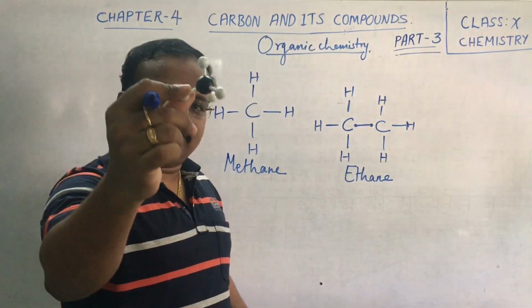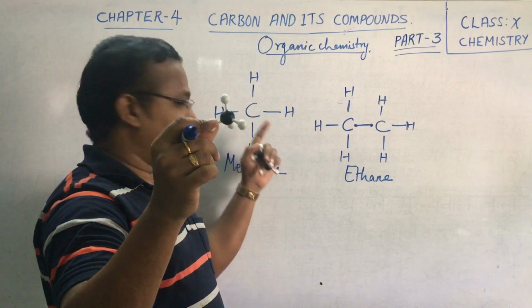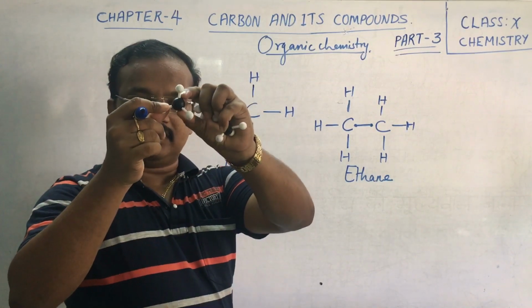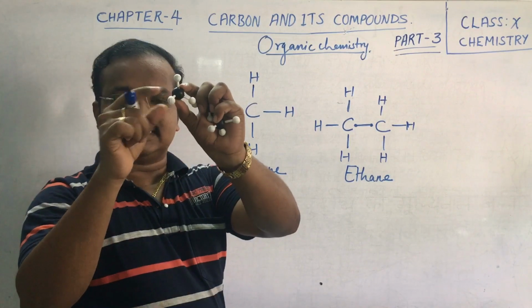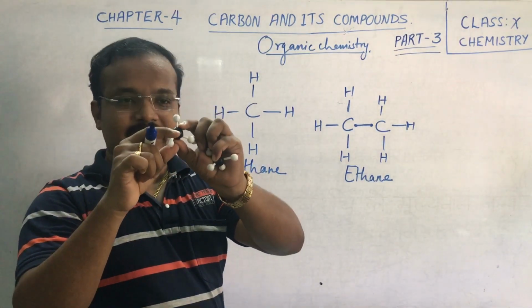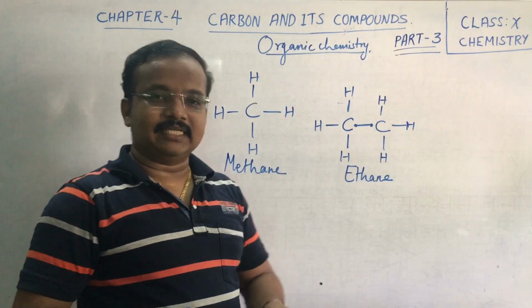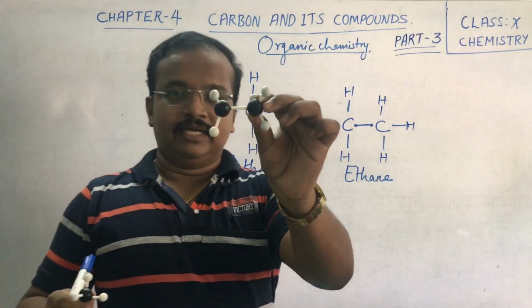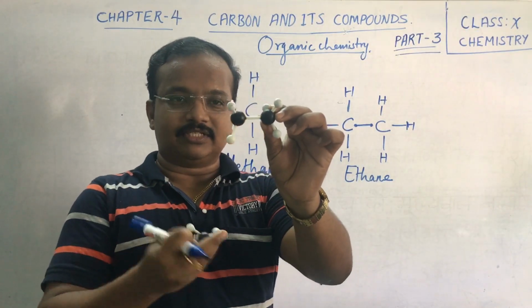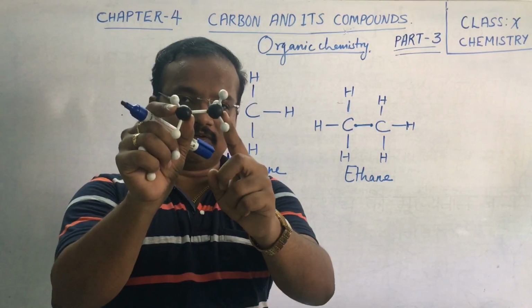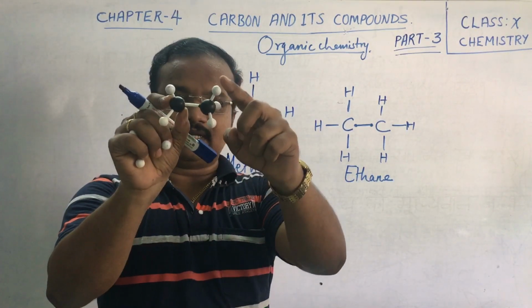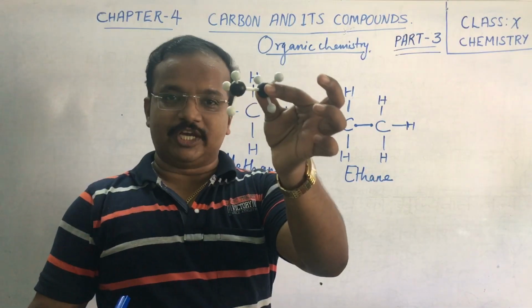Now I will show you that. This is the first one we have discussed, methane, in which the carbon's 4 valencies are completed by hydrogen atoms. Now the second case, ethane. This is our ethane molecule, in which there are 2 carbon atoms. These black colored balls are our carbon atoms, and these white colored balls are hydrogen atoms.